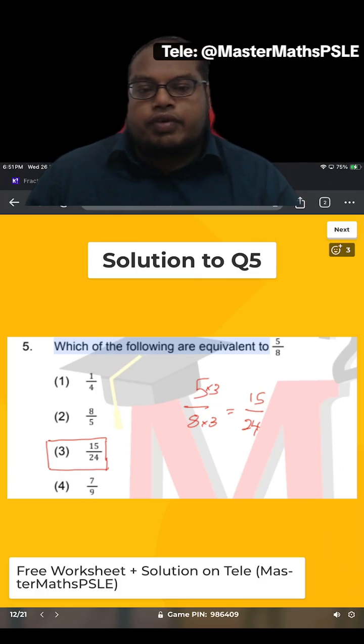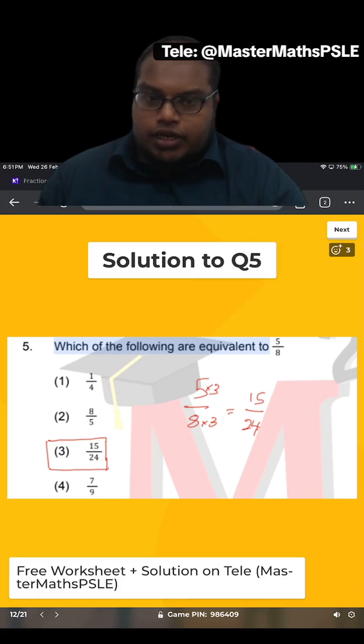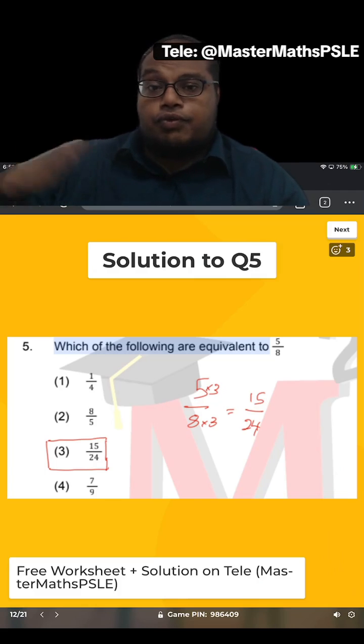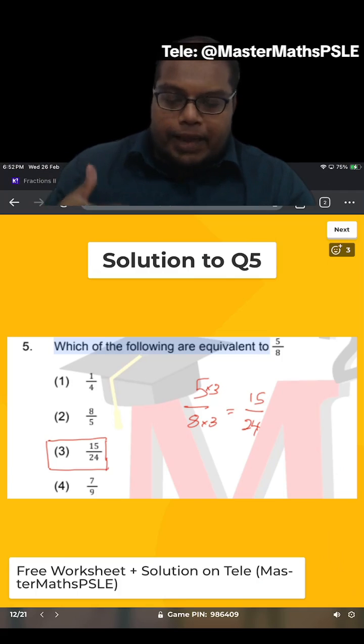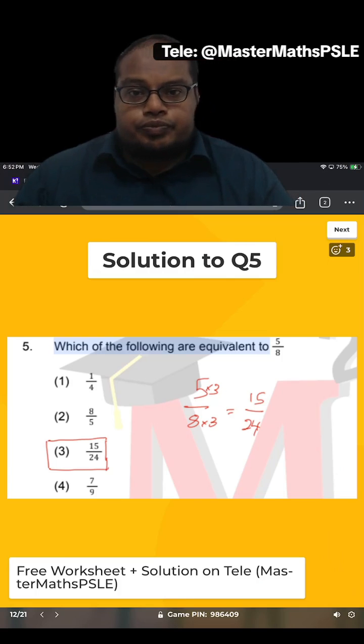And then 7 over 9 also, there's no multiple of 5 to make it 7, or no multiple of 8 to make it 9. And then 5 over 8 is already the simplest form. So the only way is when you multiply, you get 15 over 24.